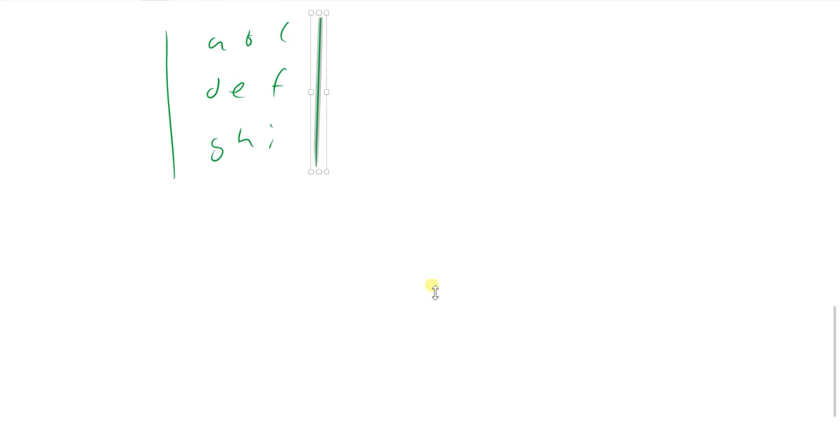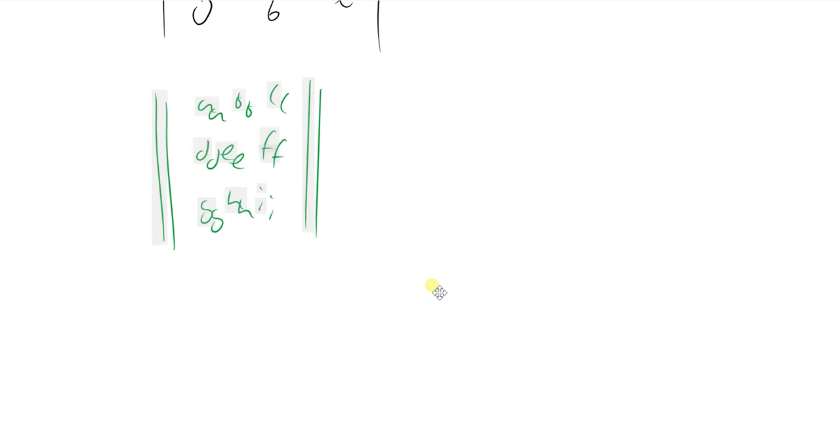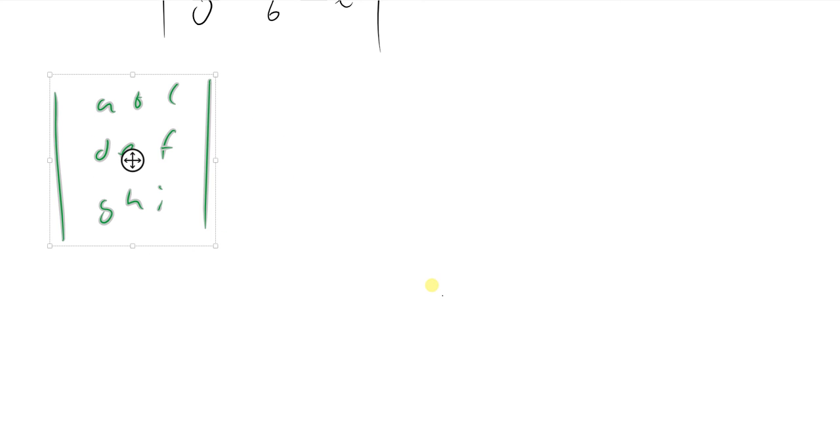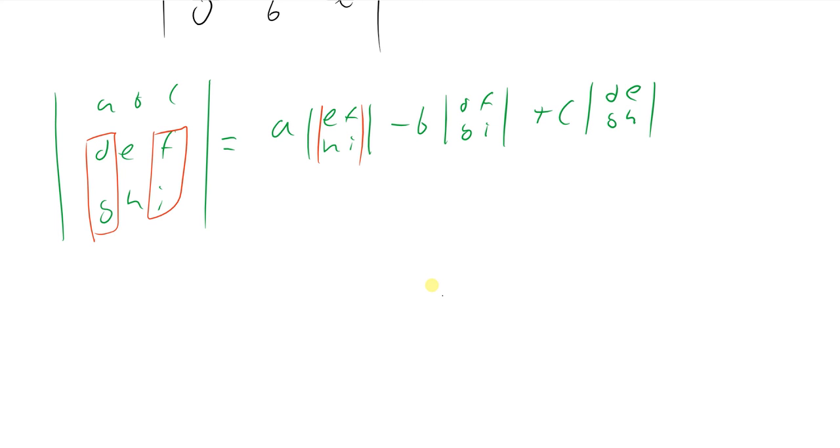So we have a times the determinant of e, f, h, i, minus b times the determinant of d, f, g, i, plus c times the determinant of d, e, g, h. So just to highlight, this determinant here is made up of this part and this part. You can see that.